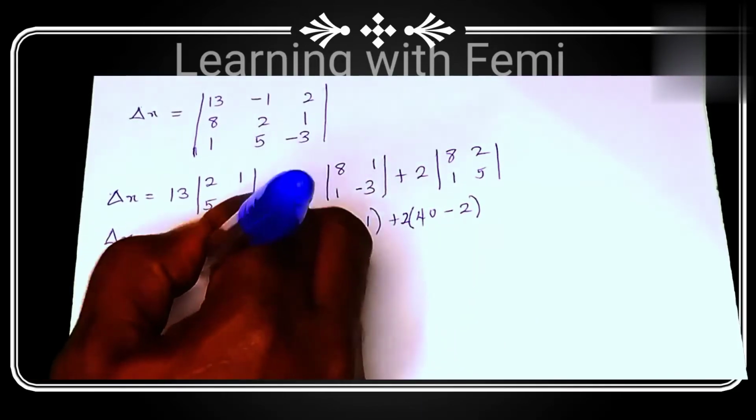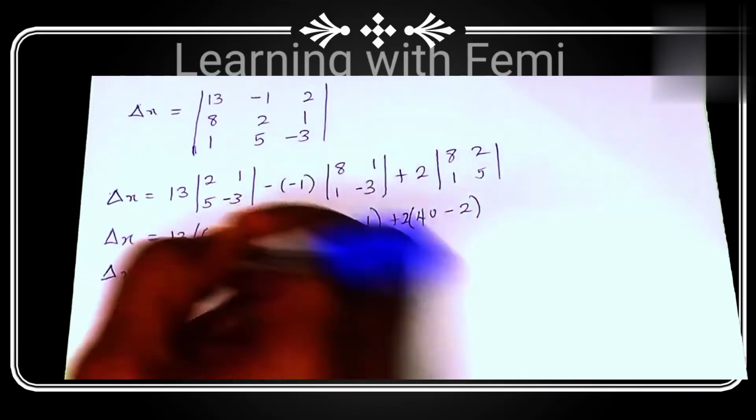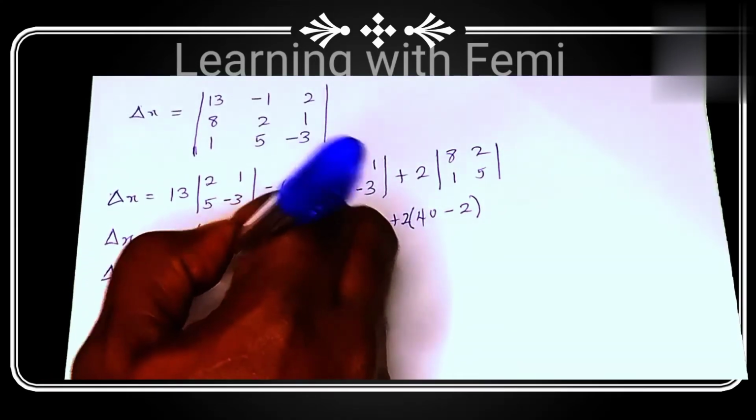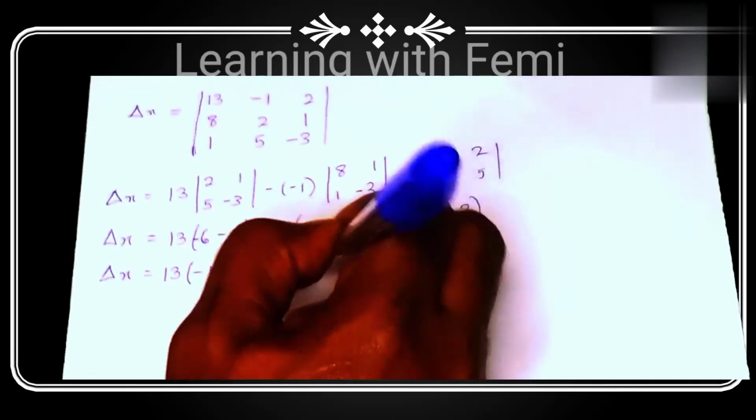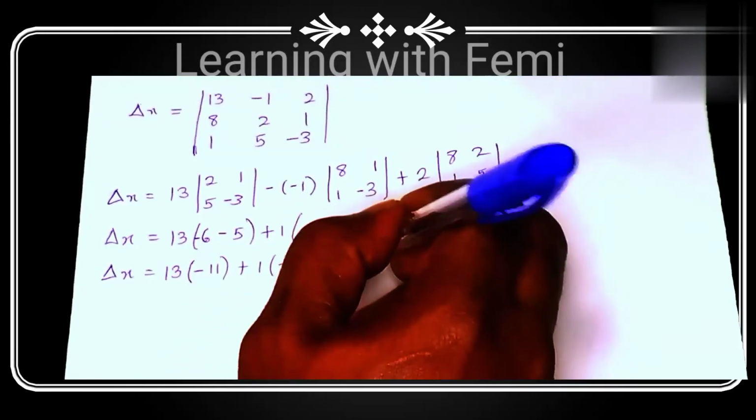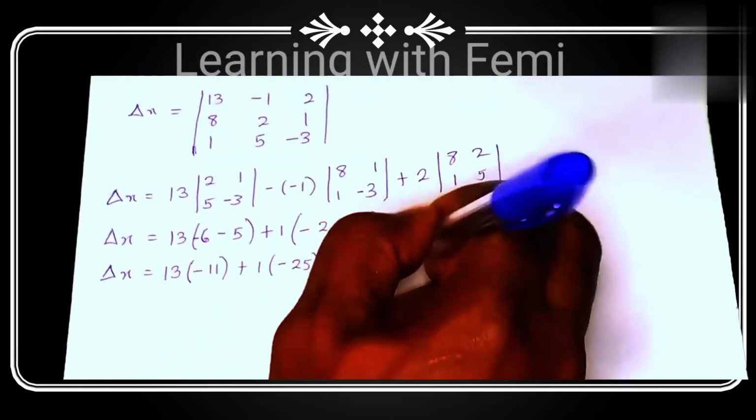13. We want to solve the contents of the bracket to be minus 11 plus 1 into minus 25 plus 2 into 38.